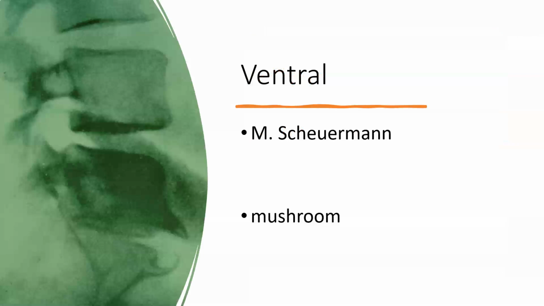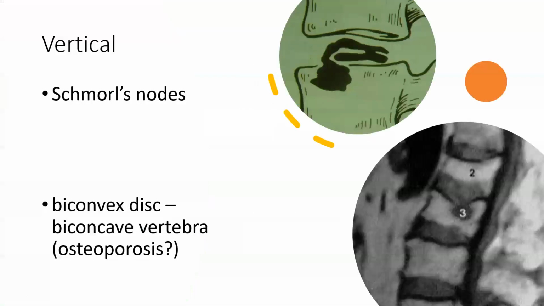If there is more ventral internal derangement, that could be related with Scheuermann's disease or the mushroom we also discussed in the chapter on the history. In the vertical direction, we can see Schmorl's nodes. We can also see a biconvex disc and a biconcave vertebra, for instance, in the case of severe osteoporosis.